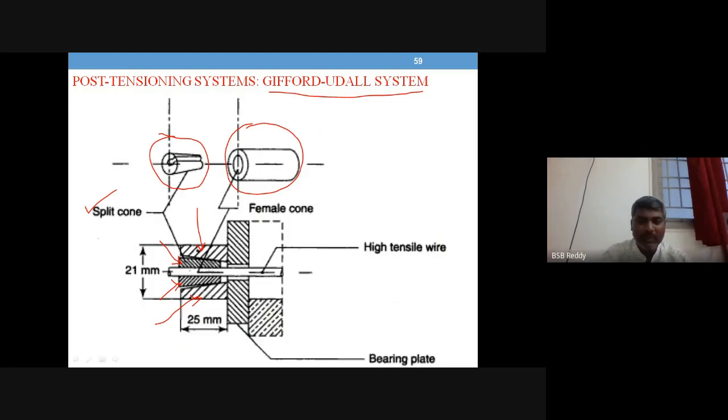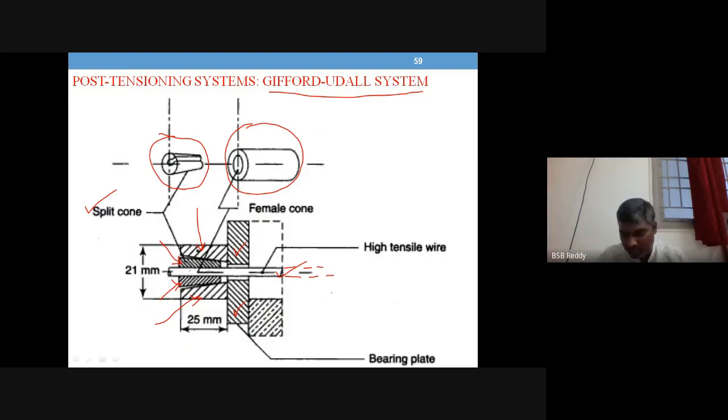And a bearing plate in cross section. This is the bearing plate in cross section, and the high tensile wire. This is the high tensile wire, which is running through the split cone as well as the female cone and the bearing plate.